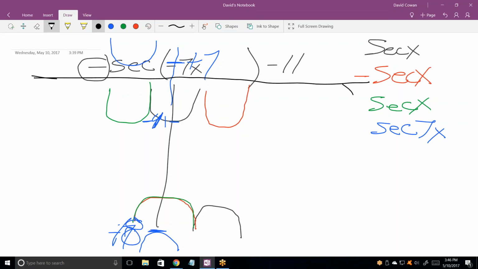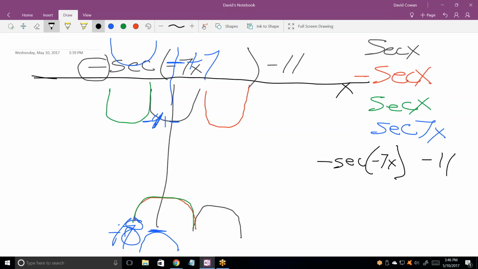So there's my x-axis, and the blue represents that function. In fact, it is now negative secant of negative 7x minus 11.